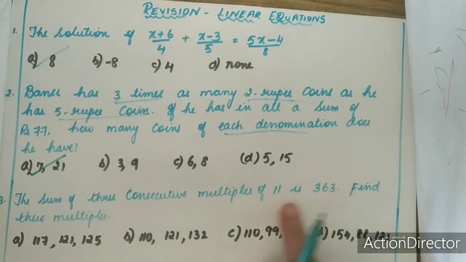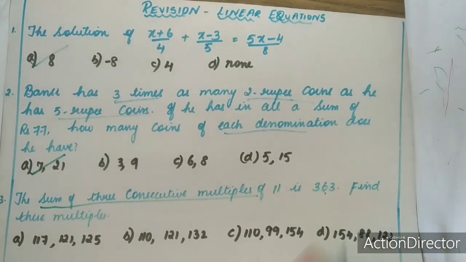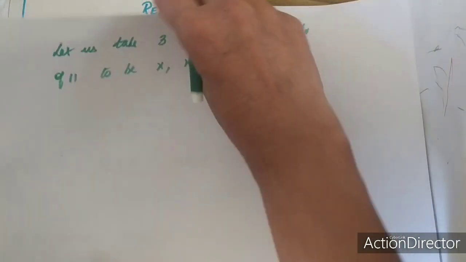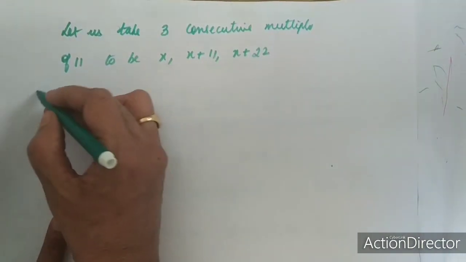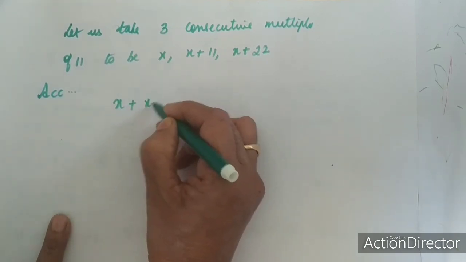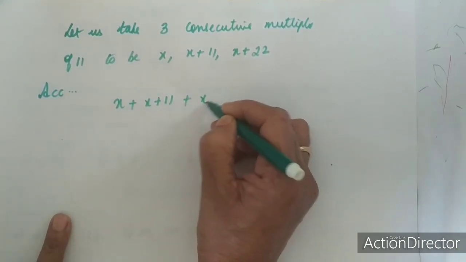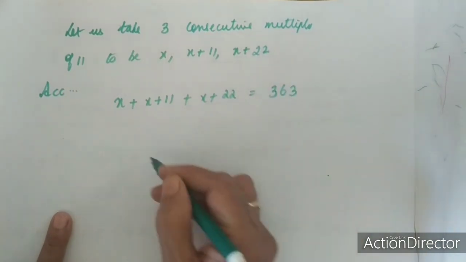It is given that the sum of 3 consecutive multiples is 363. So now let us add the 3 consecutive multiples and equate it to 363. According to the condition, x plus (x plus 11) plus (x plus 22) is equal to 363.